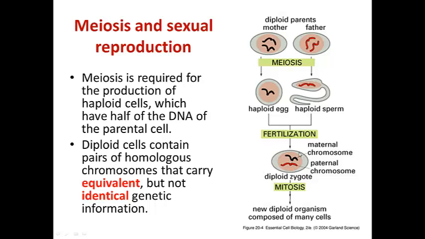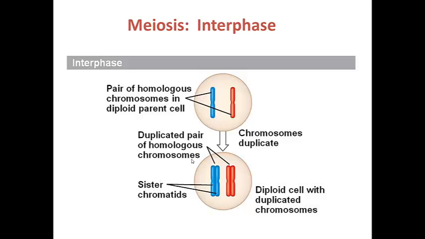Together, this forms a diploid zygote. So diploid cells contain pairs of homologous chromosomes, and these carry equivalent information, but not necessarily identical genetic information.